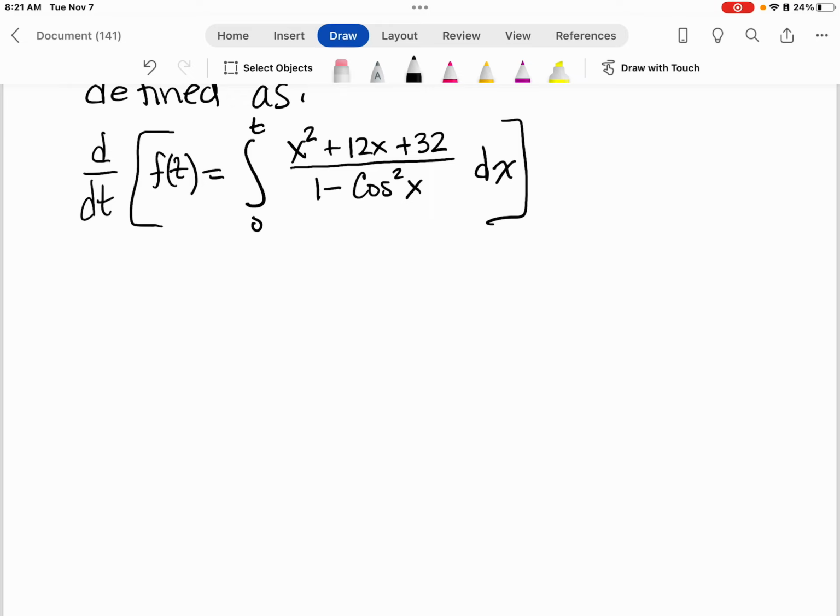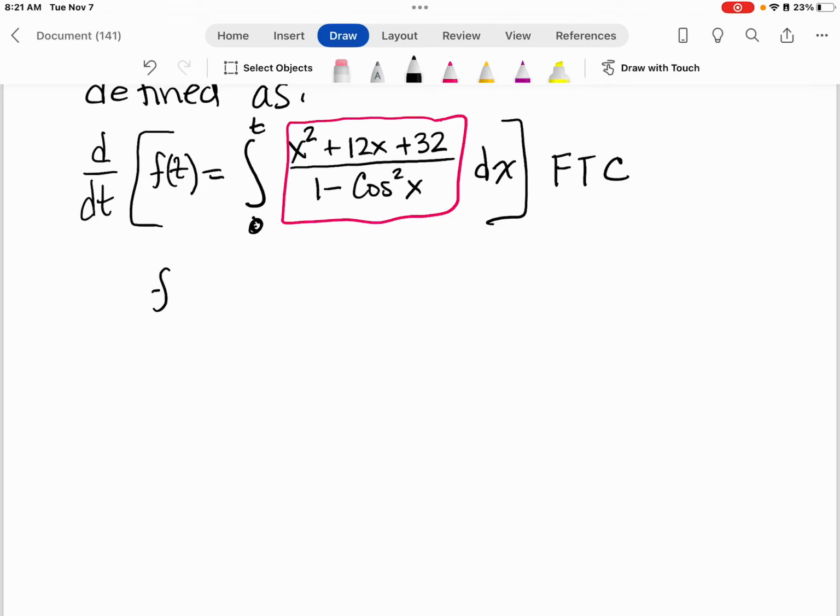So now we have it set up actually perfectly for using the fundamental theorem of calculus. This is set up where we have a 0 down here. And what we do is, for the fundamental theorem of calculus, when it's set up this way, this tells us that the derivative is going to be whatever this is, evaluated at t.